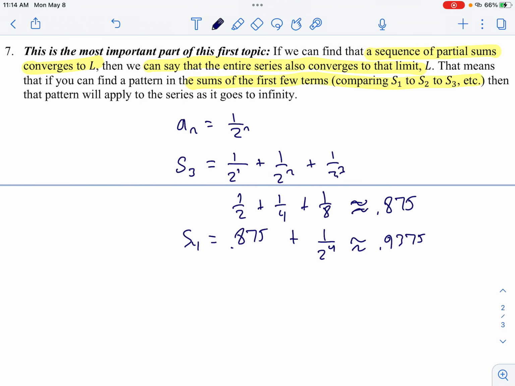And actually I don't need the wavy lines because for the time being I don't need to round. Those are exact. The sum of the fifth would be all of that plus 1 more power, so 1 divided by 2 to the 5th power, which is 0.96875. And so it appears that we are approaching 1.